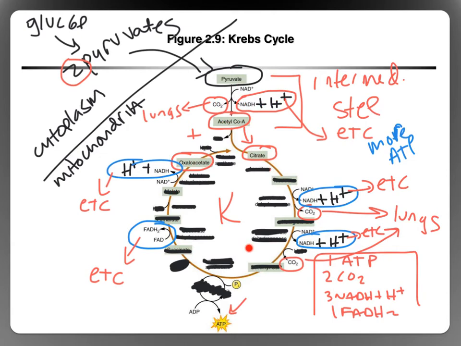Within this cycle, we end up with 1 ATP, 2 CO2s, 3 NADH plus H+, and 1 FADH2. The NADHs and FADH2s go to electron transport. The CO2s go off to the lungs so we can exhale and get rid of them. The ATP is used to do work.